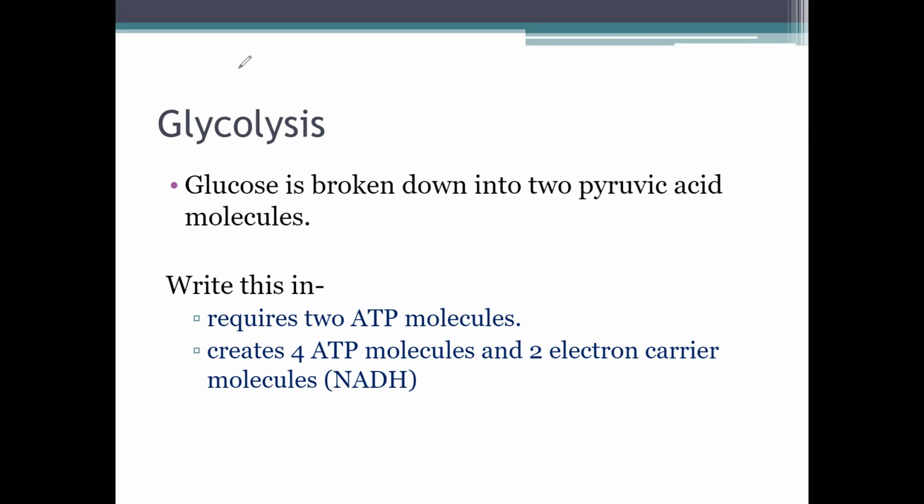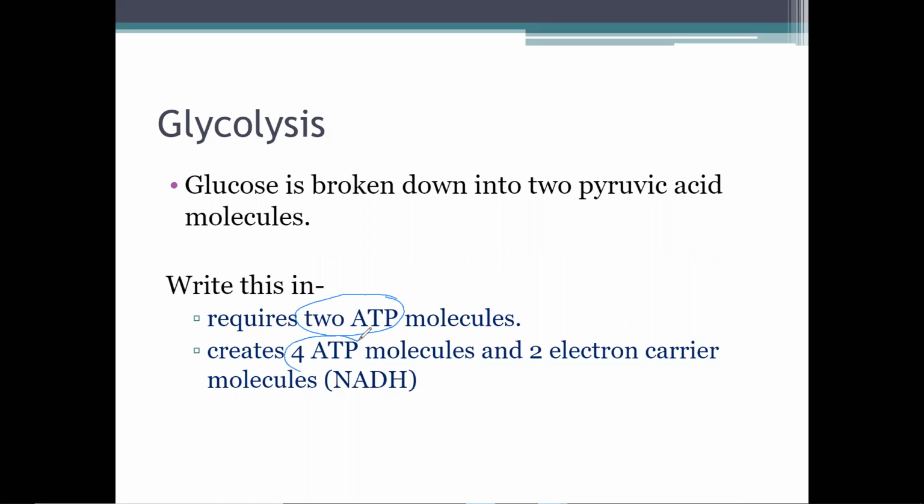So I would like for you as well to go ahead and write in this stuff. Glycolysis is going to require the use of 2 ATP molecules, but overall, it is going to create 4 ATPs, and 2 of our electron carrier molecules are NADH molecules.